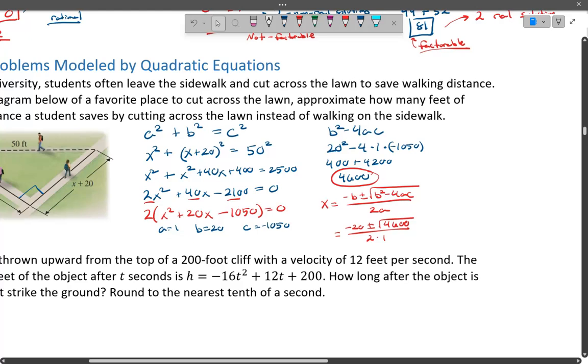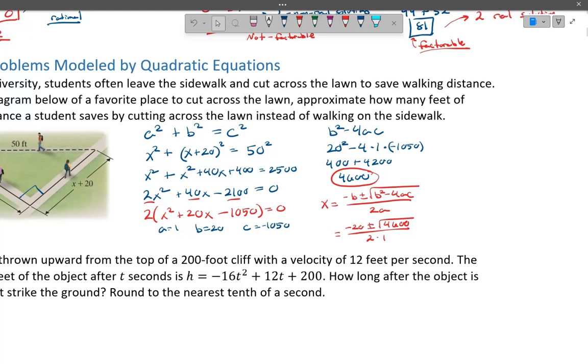Now, what's important to note is we do not need to simplify the radical in this case because it says to approximate how many feet are saved. So we're going to go ahead and round to the nearest whole foot, so we get the nearest whole number.